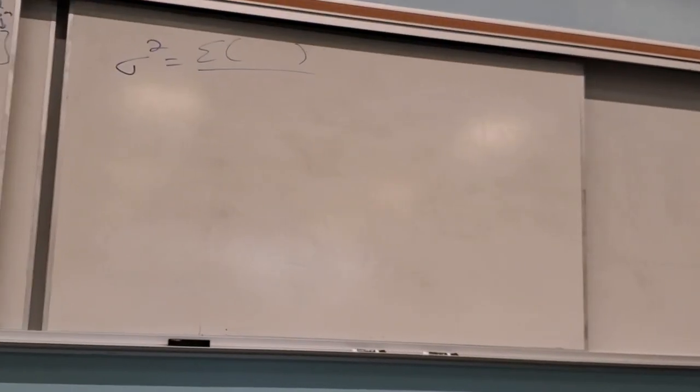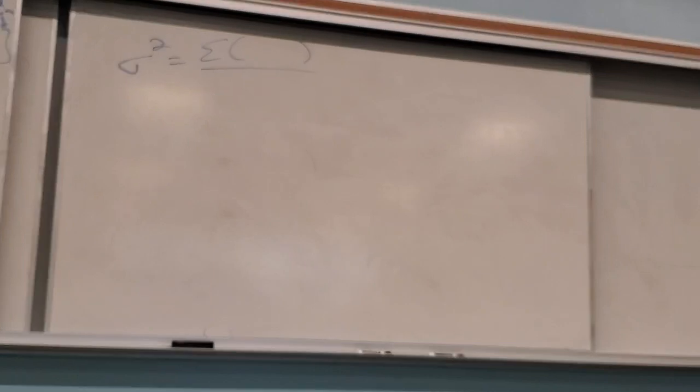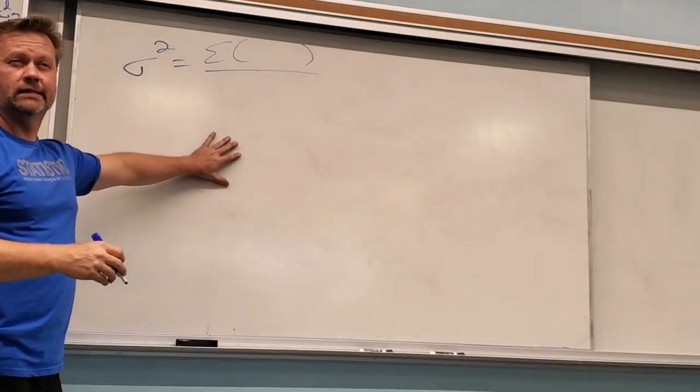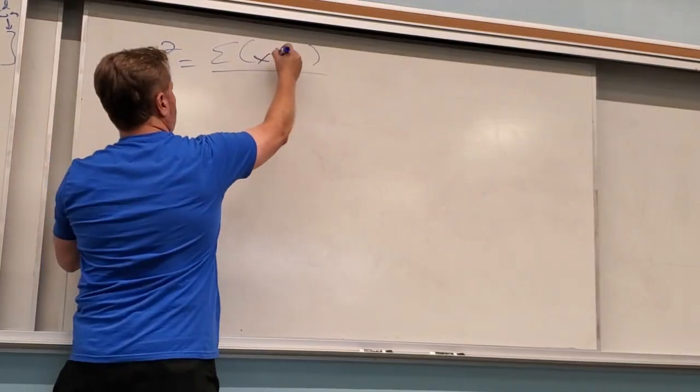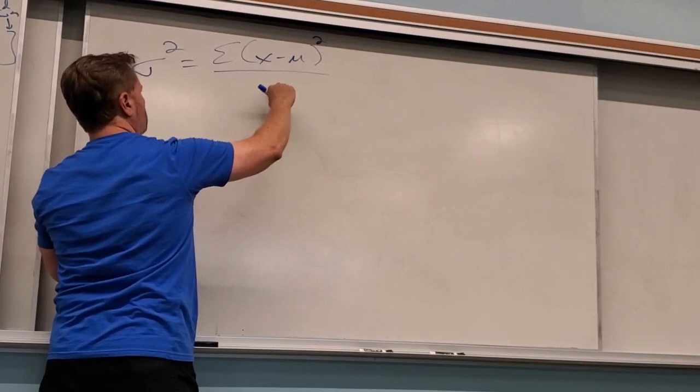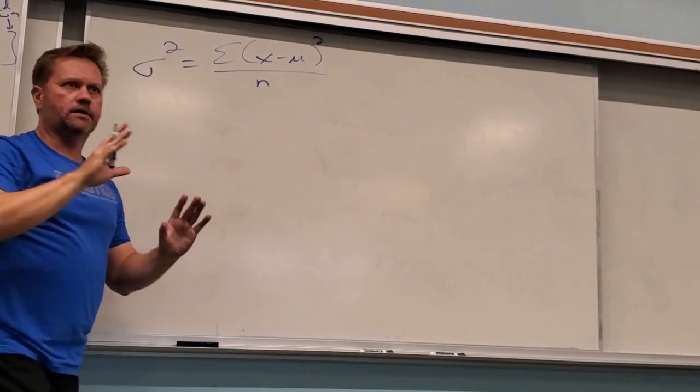Anybody? X minus sigma squared. Not quite. X minus mu, squared, over n, right? Is that cool?